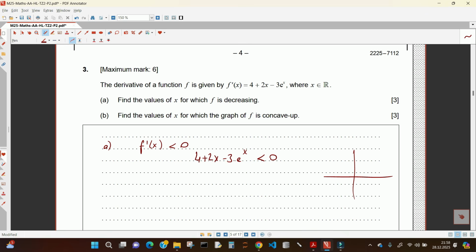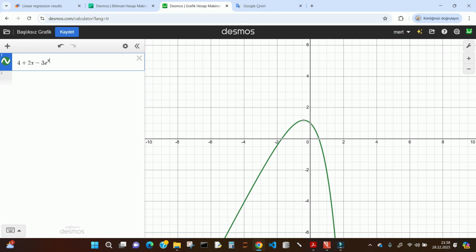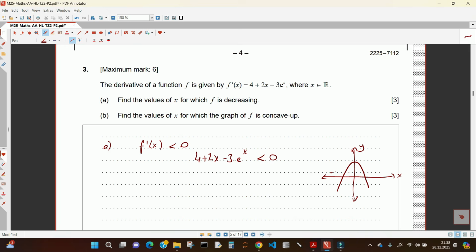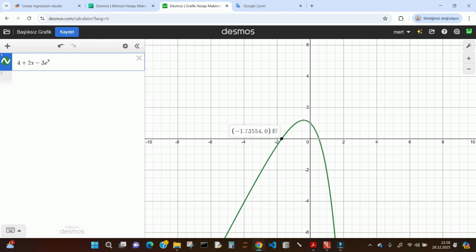You will just graph like this and mention the x-intercepts, because the sign of this function will change according to the x-intercepts, right? So the first one is minus 1.74, and the second one is 0.518.